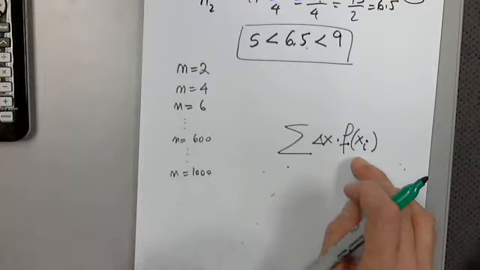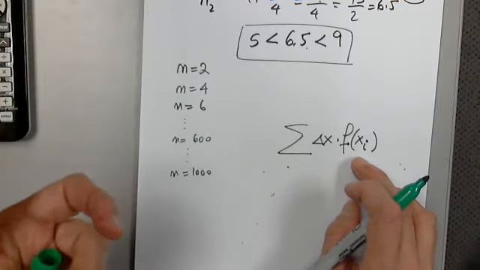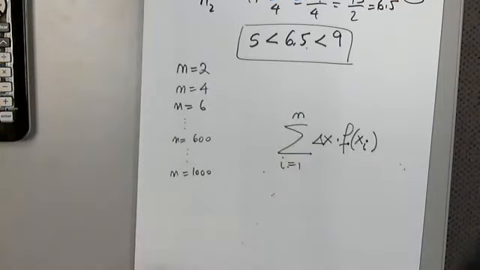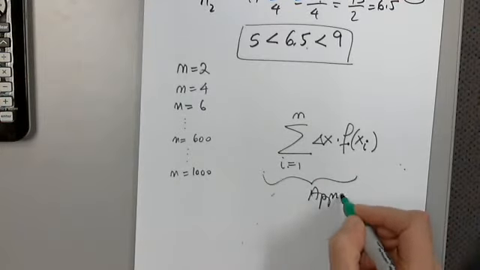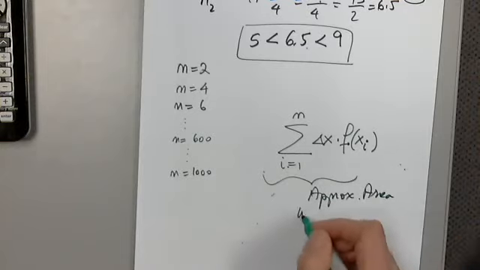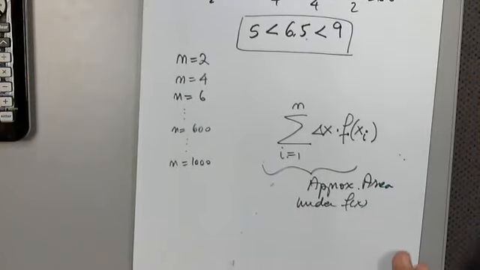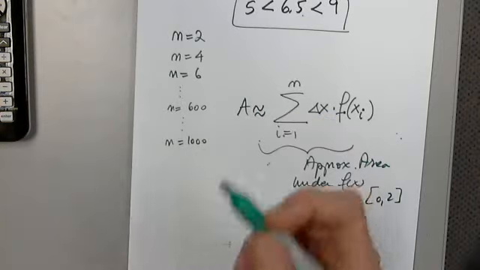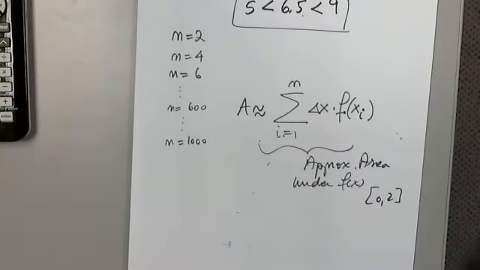It could be the leftmost point, the rightmost point, or the midpoint, but it changes from step to step. So from i equals 1 through n. So this will be the approximate area under f of x between 0 and 2 for our example. So area approximately, because I can go beyond 1,000, I can go to n, right?